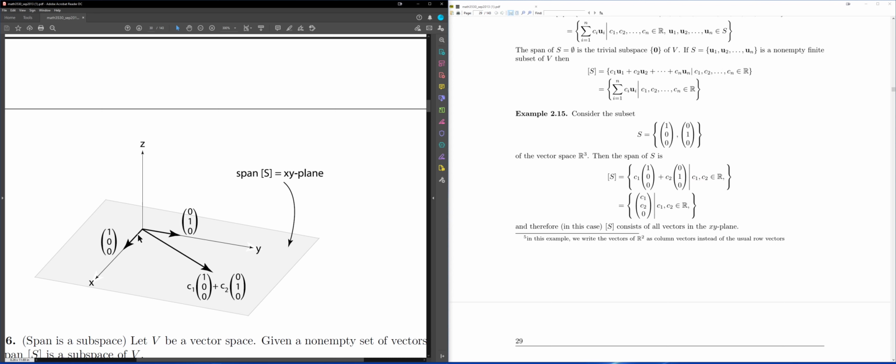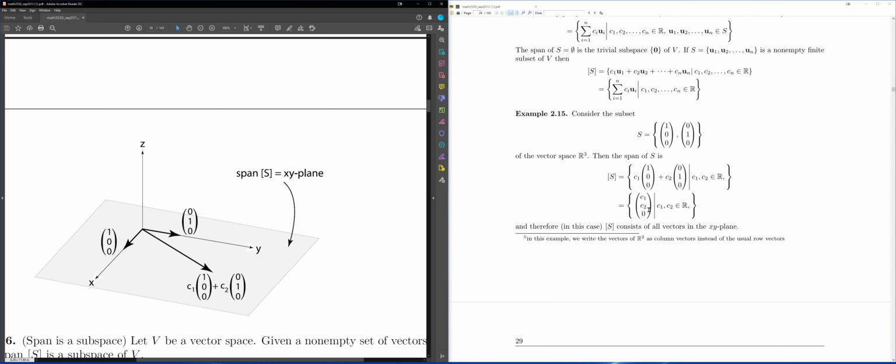So this is your picture over here. This is the (1,0,0) and this is the (0,1,0), and you take some linear combination of them. That gives you a vector in the xy plane. When I expand and collect, I get c1 in my first position and c2 in my second position.